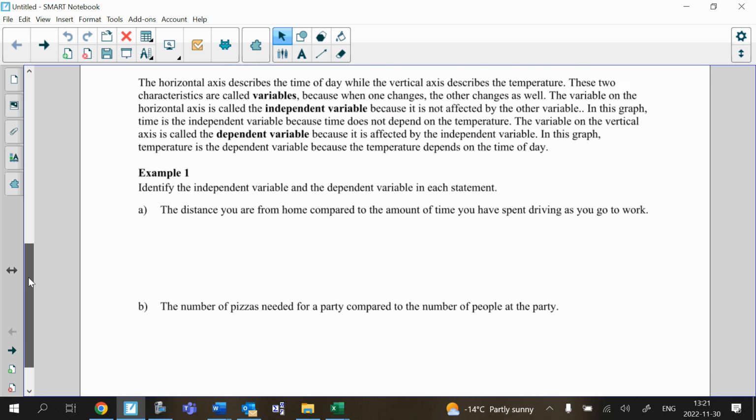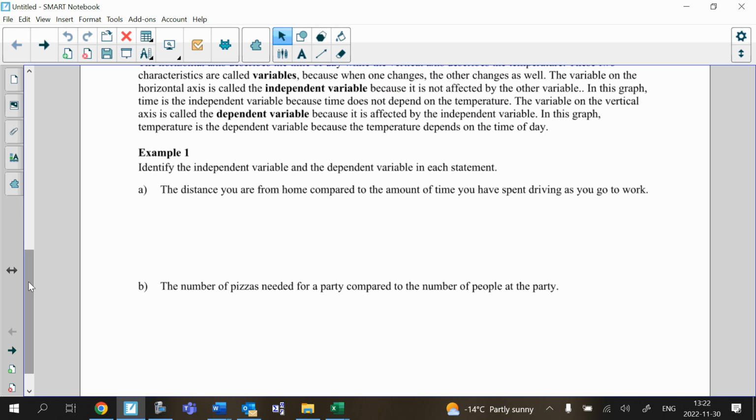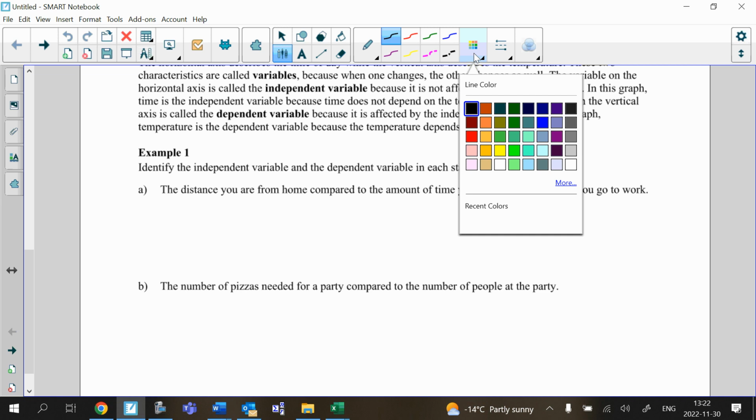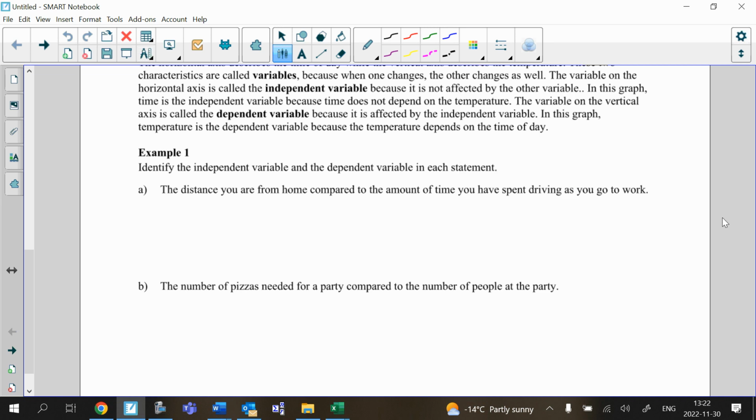So here's just a couple of examples. The distance you are from home compared to the amount of time you've spent driving. Which one would be independent and which one would be dependent? So the independent one is the one that we can control. And the dependent one depends on what's happening with the other variable.